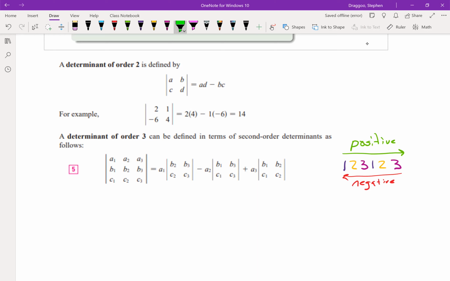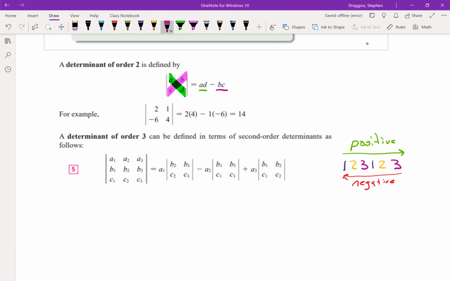And we get that by taking AD and subtracting BC. It almost kind of looks like a cross if you do it that way, which maybe that's where the cross product gets its name. Although at the moment we're still just looking at determinants. So we'll put that together in a minute. So that's the determinant of order 2. And then there's an example below where we actually plug some numbers in and calculate it.